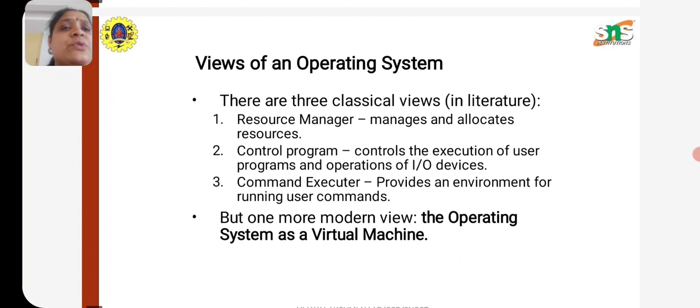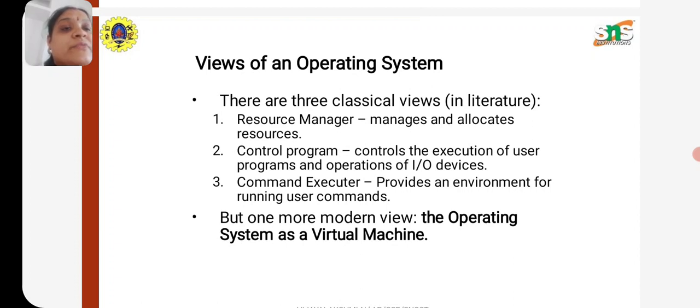So what are all the views of an operating system? There are actually three classical views. The first one is called the resource manager, the second one is called the control program, and the third is the command executor. As a resource manager, it manages and allocates the resources, and it has the authority to do this kind of task.